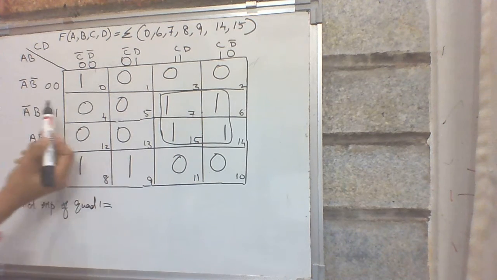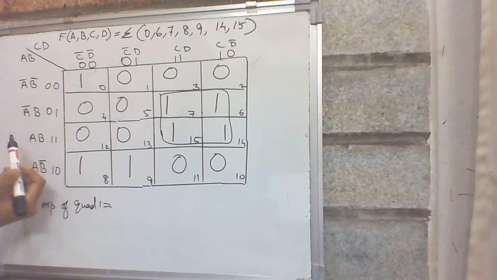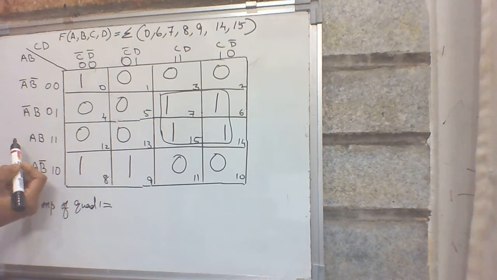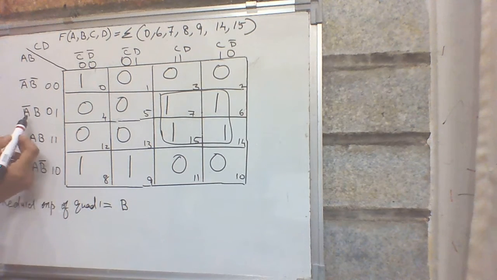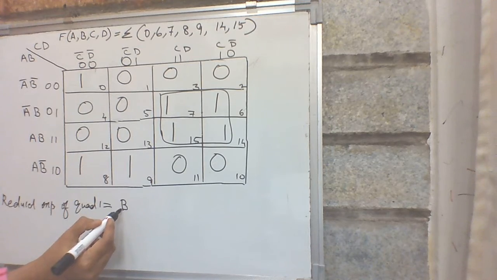Check the left side of this quad. A bar B, AB. Which one is changing? A bar is changing to A. So we need to remove that A. So write this B. In A bar B, A bar is changing to A, so we can remove the variable A. Then the remaining variable B. Write that B here.